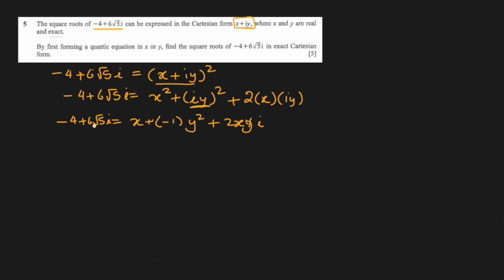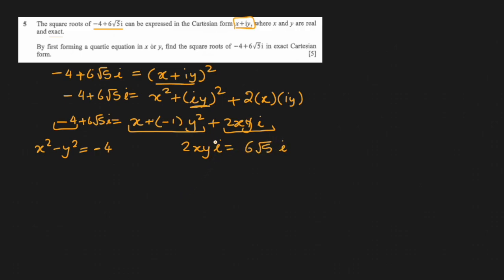Now we know that the real part cannot become imaginary and the imaginary part cannot become real. That means this minus 4 has to be equal to this real part. So x square minus y square is equal to minus 4. This is our one equation. Second, this imaginary part, 2xyi, has to be equal to 6 square root 5i.